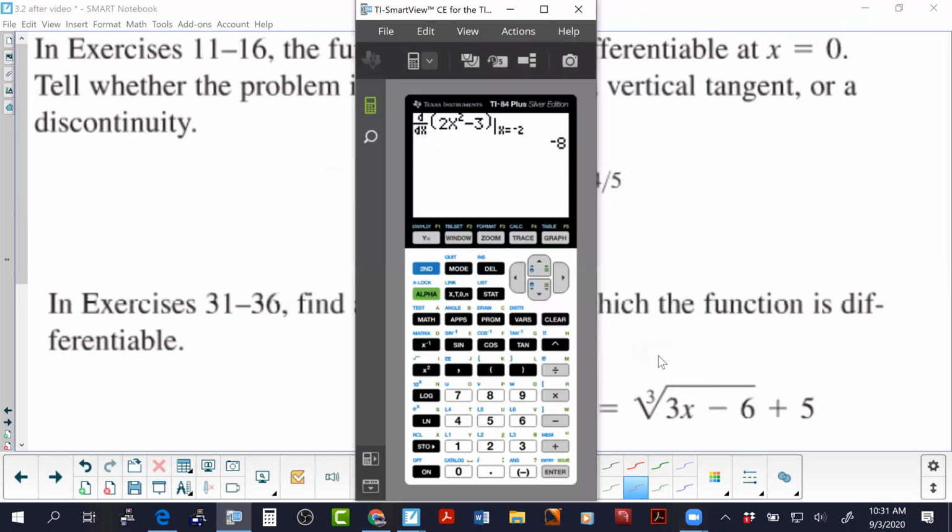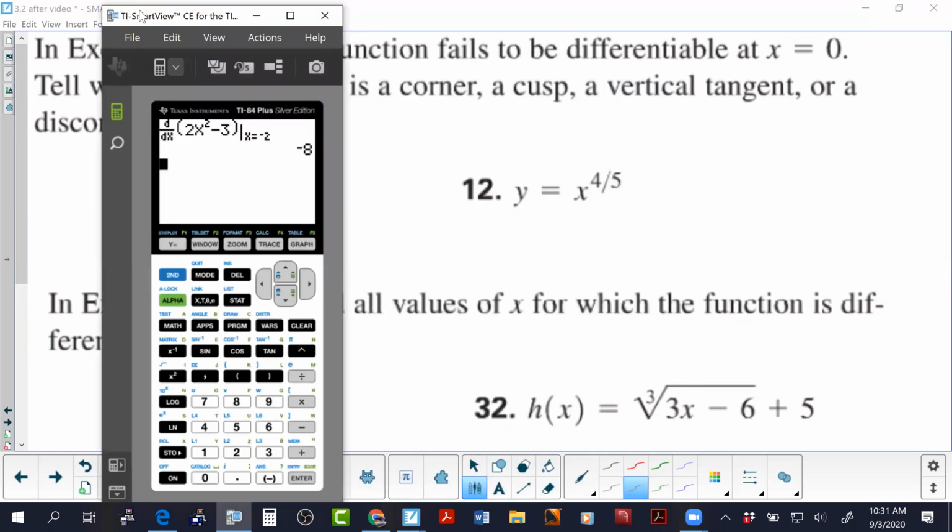Y equals x to the 4/5. What do you think's there at 0? It's very subtle. It's a cusp. It is curving very slightly. So that is a cusp there.